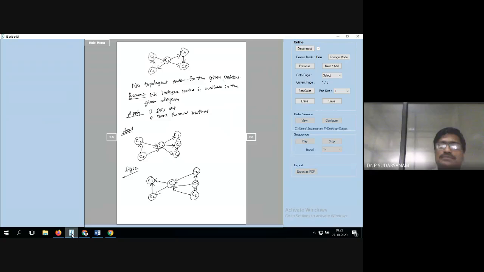These were two diagrams. You need to solve it and tell me tomorrow. Figure 1 and figure 2, both with the source removal and DFS method.